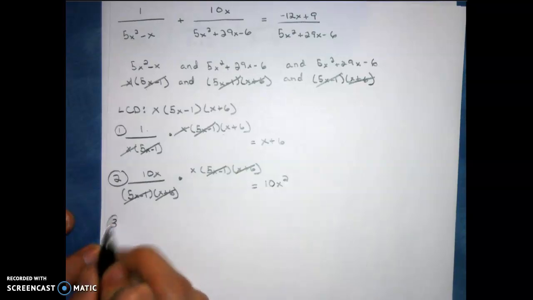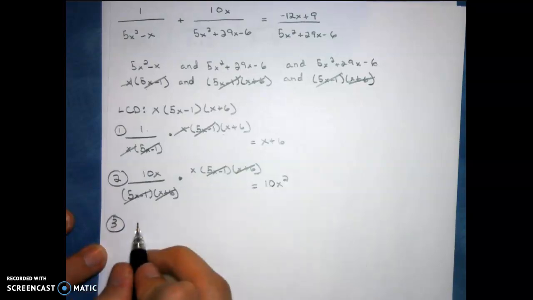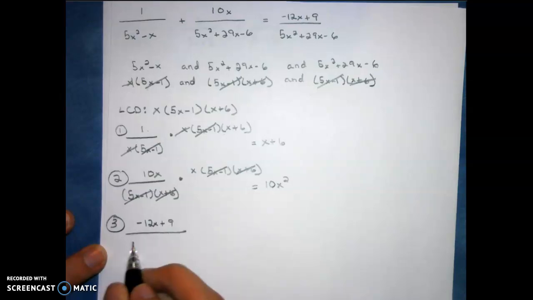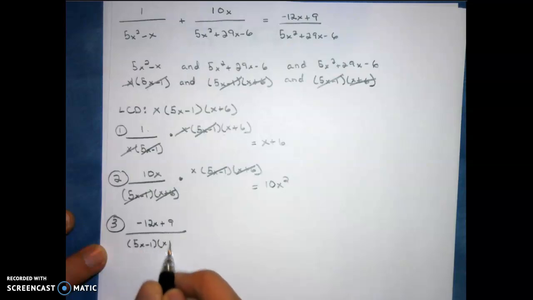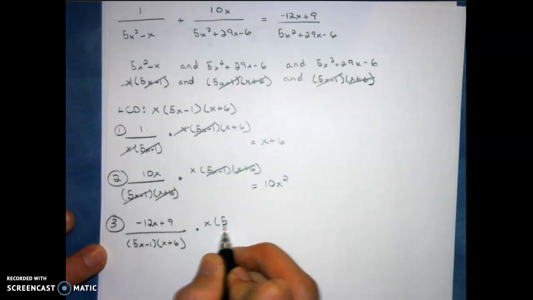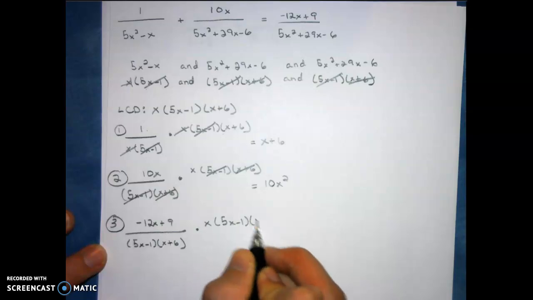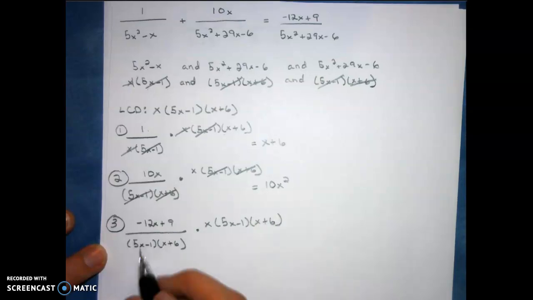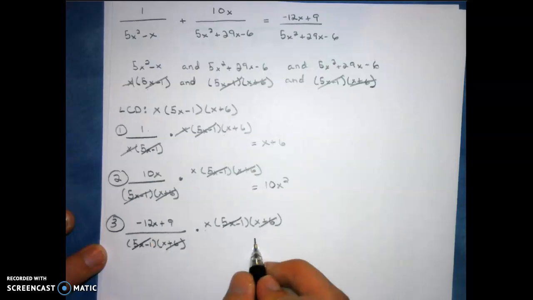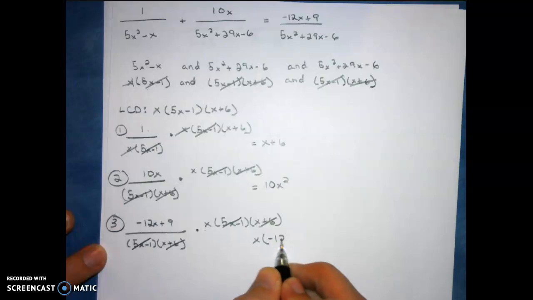And then our third one, we have negative 12x plus 9 over 5x minus 1, x plus 6. Multiply by our LCD. We get both of these to cancel here. Then we're left with our x. So we have x times negative 12x plus 9.